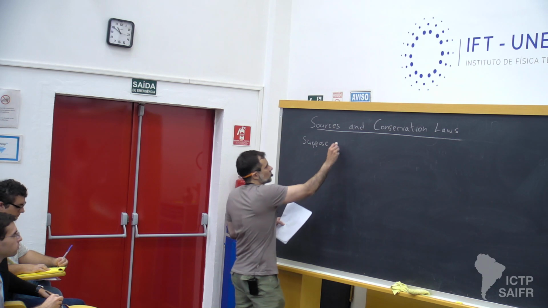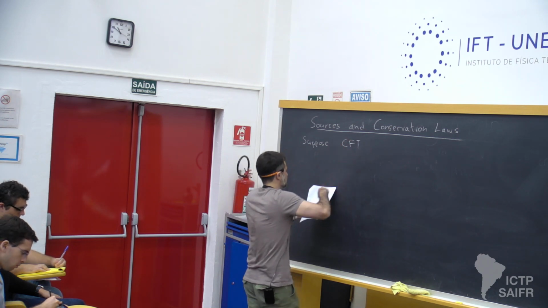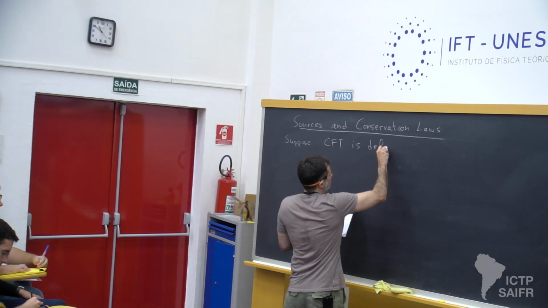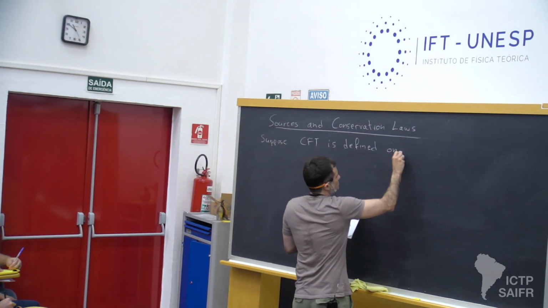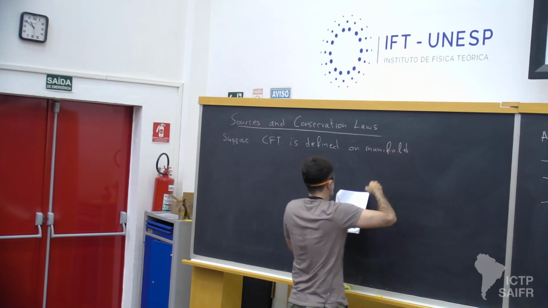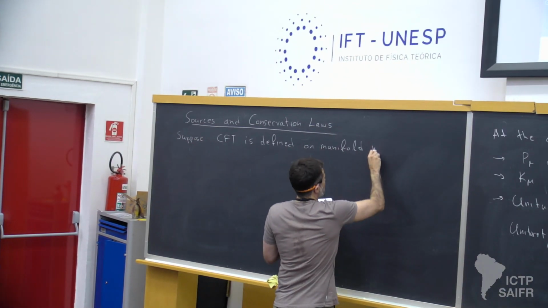So suppose that your CFT is defined on some manifold with metric G mu nu, and it is deformed by some vector operator j mu and some scalar operator O phi.